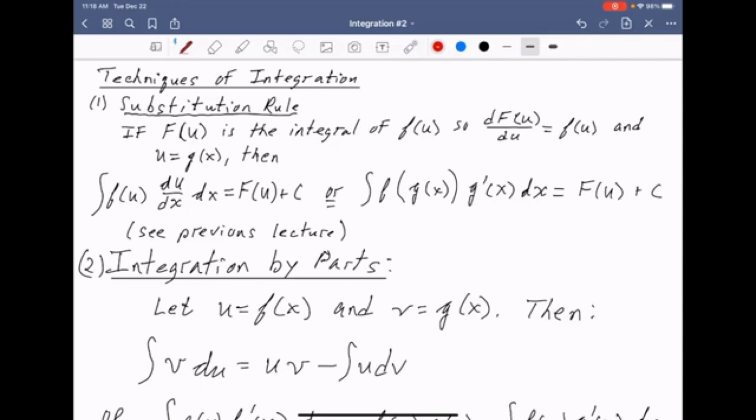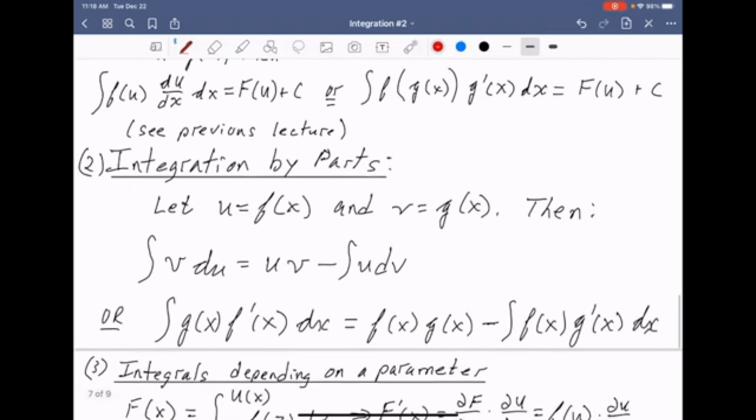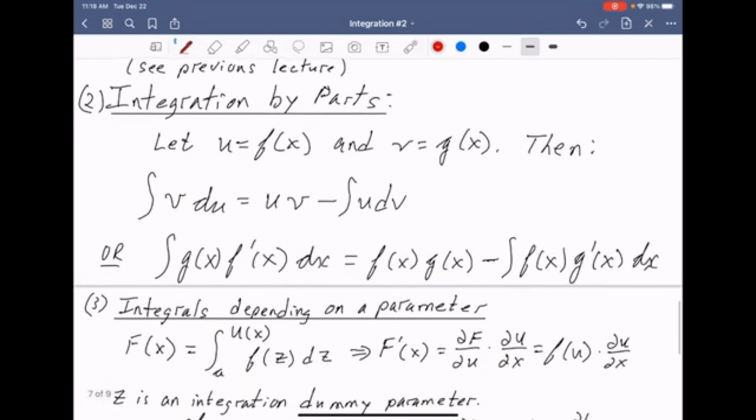Then we find that the integral of small f of u multiplied by du/dx is equal to big F of u plus c, or the integral of little f as a function of g of x multiplied by the first derivative of g of x, times dx, is equal to big F of u plus c. We already talked about that in the previous lecture, so you should go back to that.